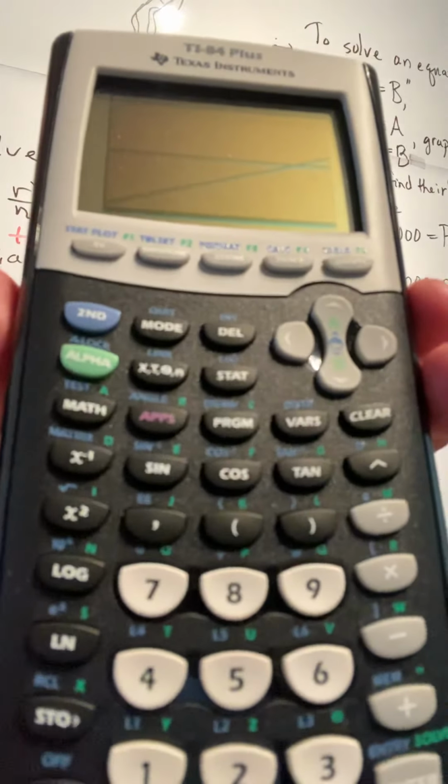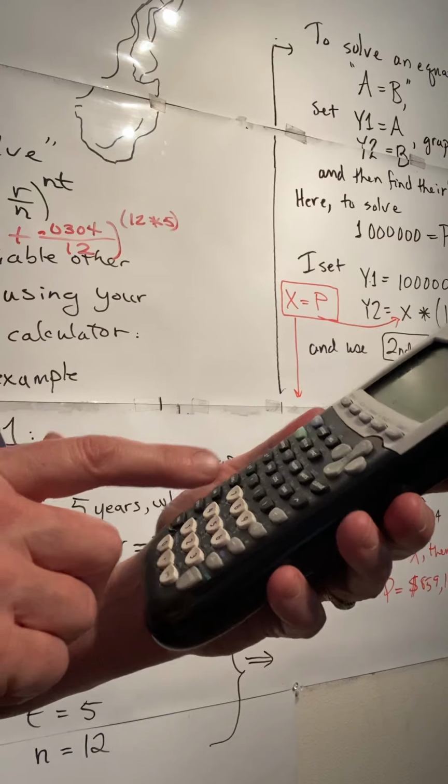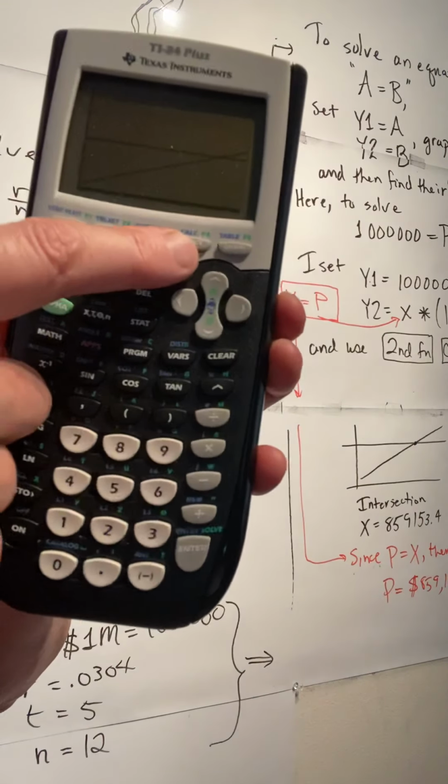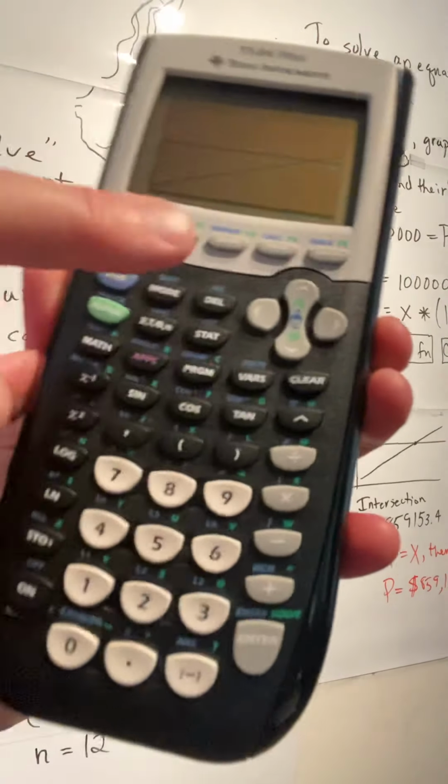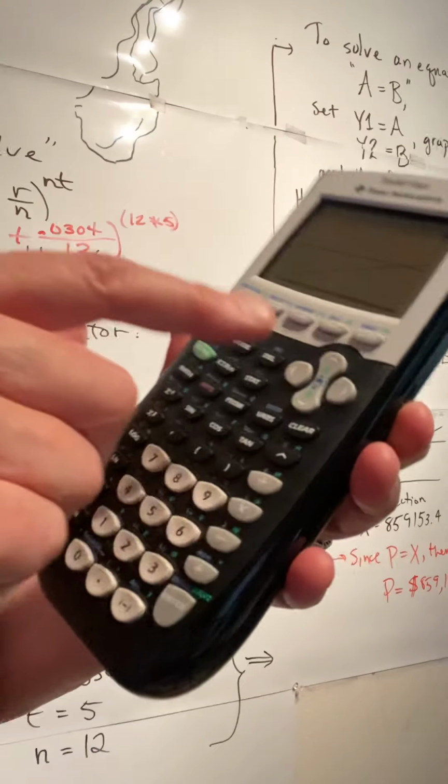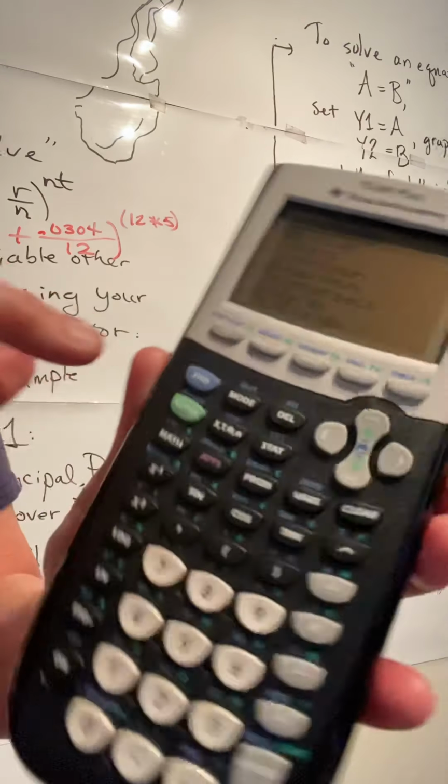Once you have that picture where you see the two curves, y1 and y2, intersecting, how do you get the calculator to tell you the coordinates of that intersection point? Well, that's where you use a feature called calc. It's written in blue there, so you need to press second function, calc.